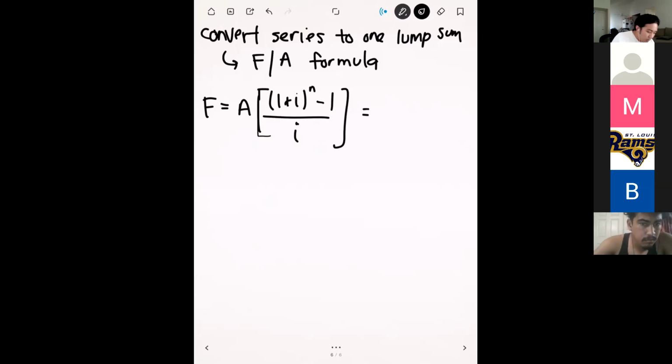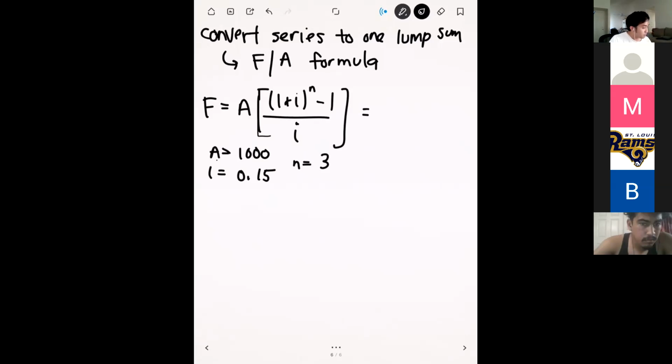If we plug in, A is equal to 1,000. i is equal to 15%, so i is equal to 0.15. And then since we're receiving the money for 3 years, we put n is equal to 3.